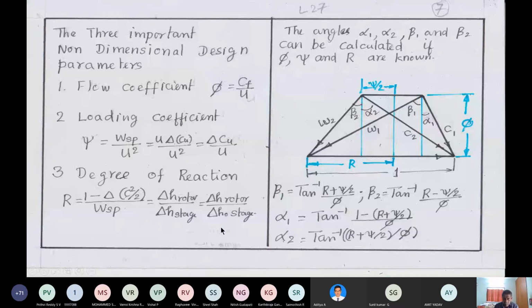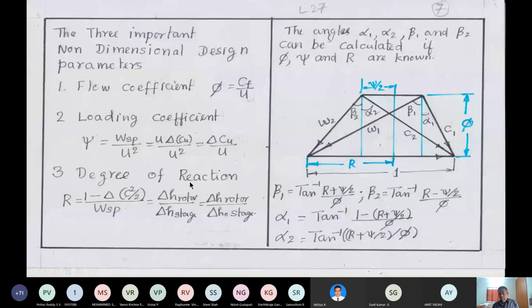So we can write for the stage also. This is there because when the inlet velocity C1 and final C3 for the next stage are the same, obviously instead of delta H stage I can write delta H naught stage. Okay, these are the definitions.